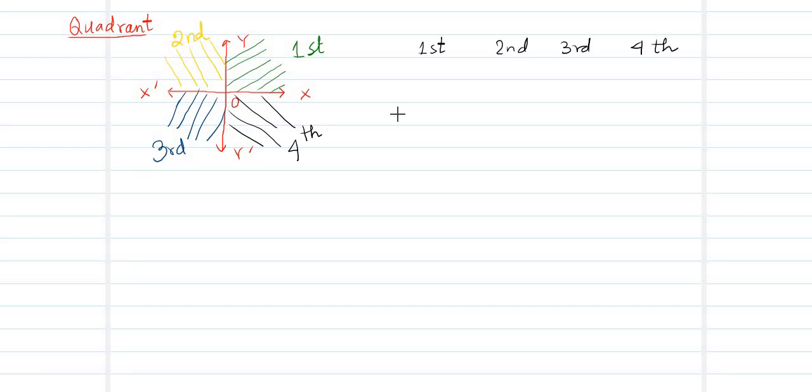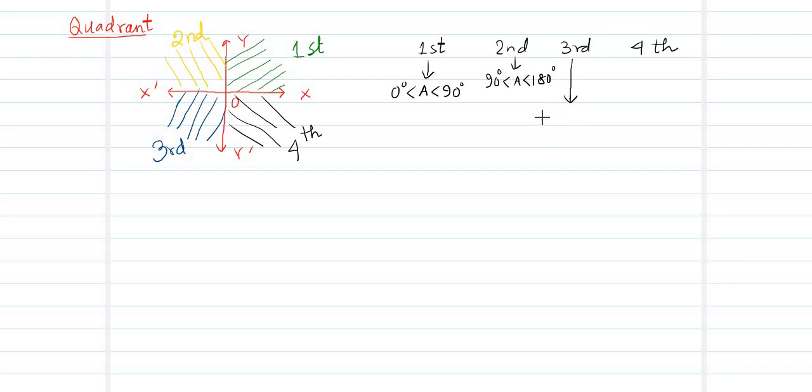From that concept, we can say that if the angle measure is within 0 to 90, so let me write the angle as A. If the angle measure is like 0 to 90 degree, the angle is in the first quadrant. If the measure is like 90 degree to 180 degree, the angle is in the second quadrant.